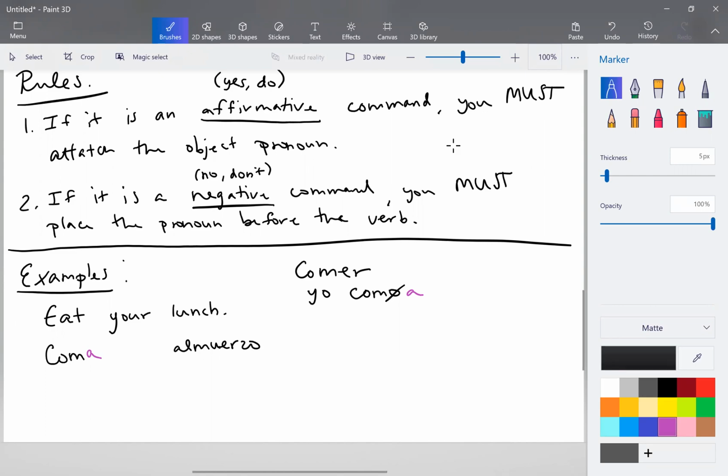Coma su almuerzo. Eat your lunch, and then we can rephrase that as eat it. Eat it. And what would I do there?